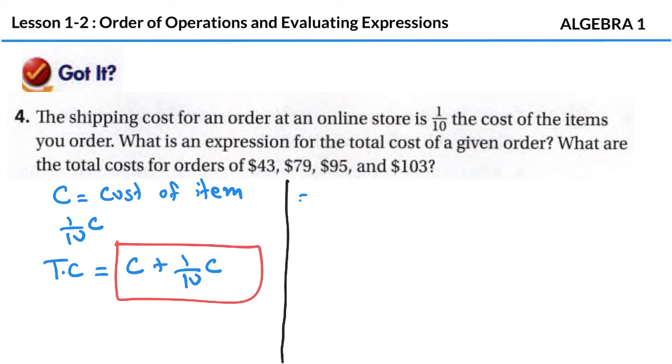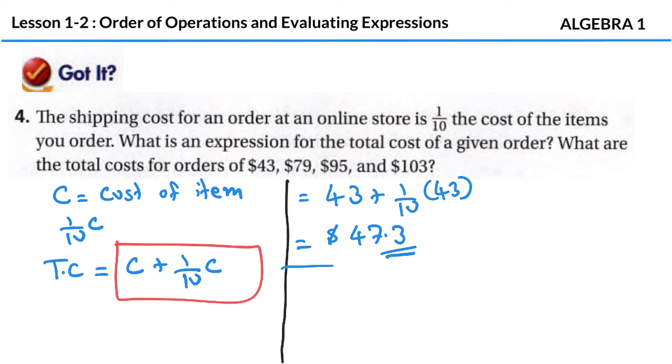So the total cost is going to be, now the cost is 43, so 43 plus 1/10 of 43, and that is going to give you 47.3. So the total cost is going to be $47.3. What if the cost of the item was 79?